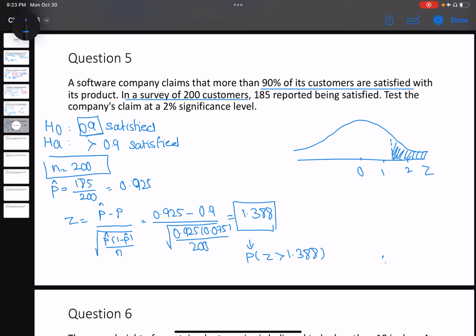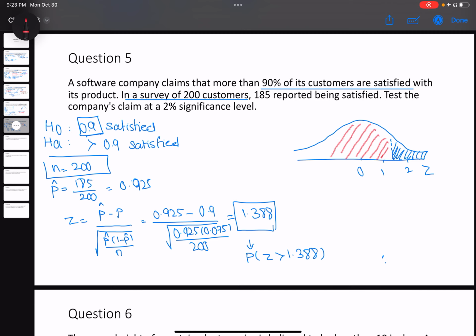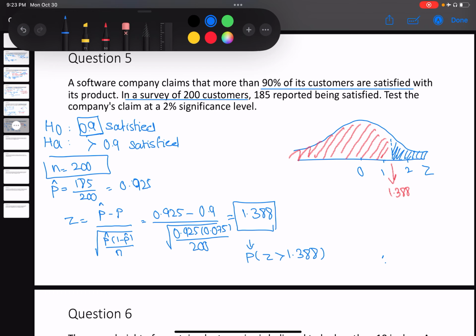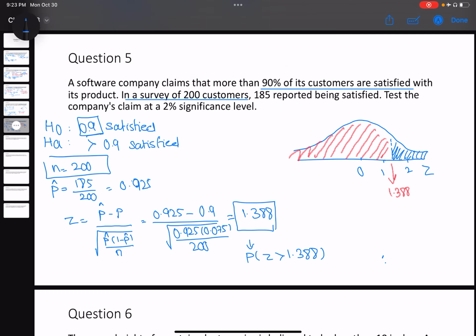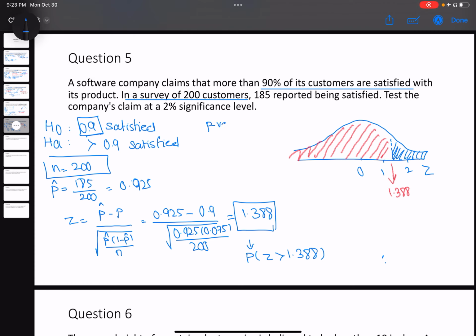In order to get this area, less than this Z value, 1.388, we can subtract from 1 to get the p-value. One minus P at Z equal 1.388.